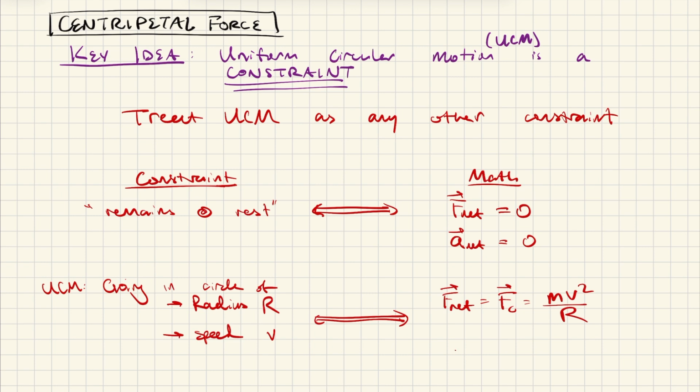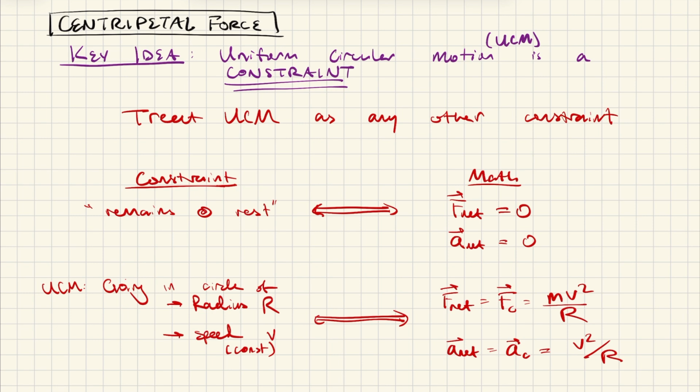Similarly, then we know the net acceleration has to just be the centripetal acceleration ac, which is just v squared over r, okay? And notably, this is only true if the object is at constant velocity, or constant speed, I should say. If the speed is changing, then something slightly different happens, and we can talk about that in a later video. But for now, we'll just assume that everything is going uniformly, okay?